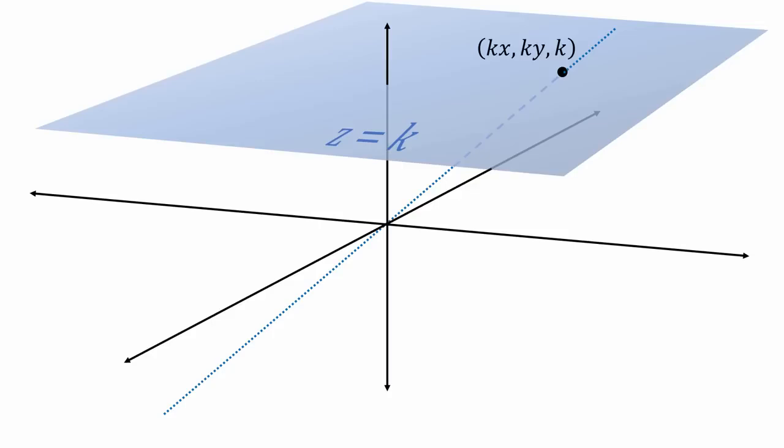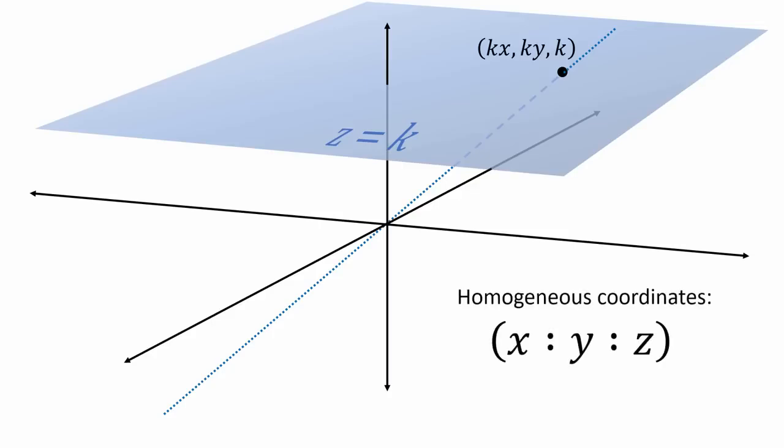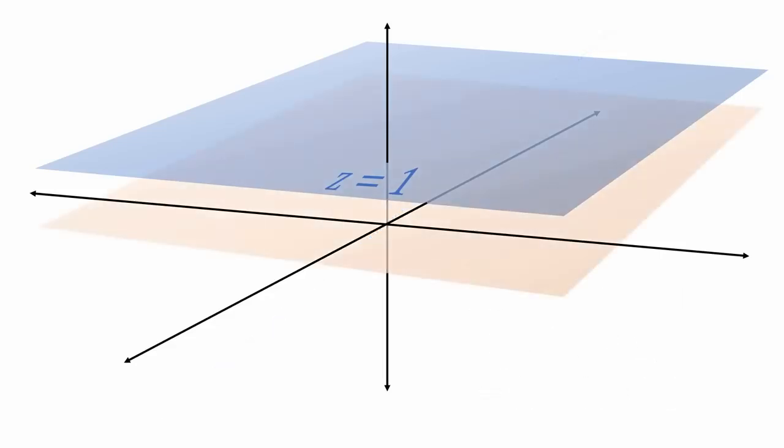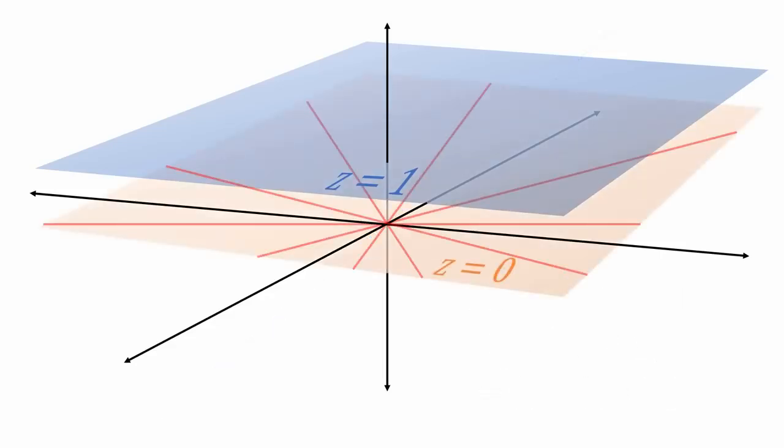So we'll write our homogeneous coordinates as x:y:z, with the understanding that if we scale all three coordinates by the same amount, we're really looking at the same point. Now, as before, almost every line through the origin will correspond with a point on the plane. This time, however, there are infinitely many exceptions. Any horizontal line through the origin will not intersect our plane.